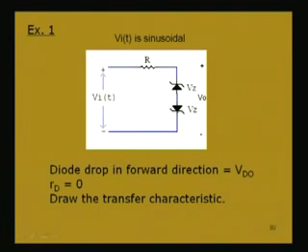And in the negative half cycle, when we consider this point negative with respect to this point, this Zener diode will be reverse biased, and the other will be a forward biased normal diode. That is, when the input voltage is greater than Vz plus Vd naught in the reverse bias condition, it will again be conducting and the drop will be Vz plus Vd naught.